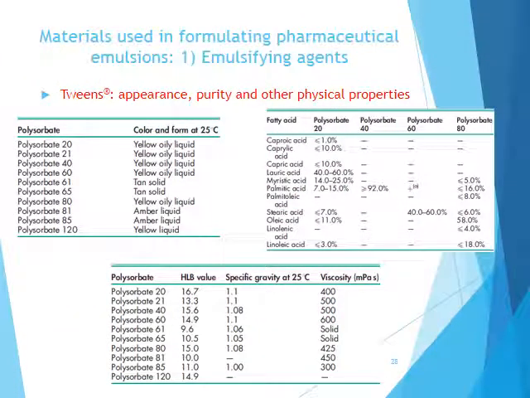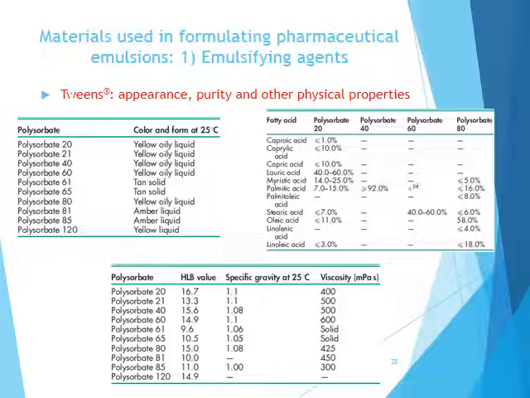In this slide, I try to give some information about the physical properties of tweens. Generally speaking, polysorbates or tweens have different colors at 25 degrees centigrade depending on the grade. For example, tween 20 is a yellow oily liquid, while tween 65 is a tan solid in appearance.